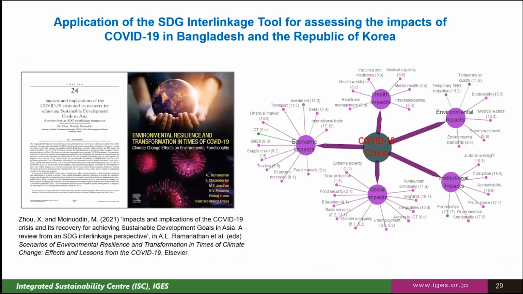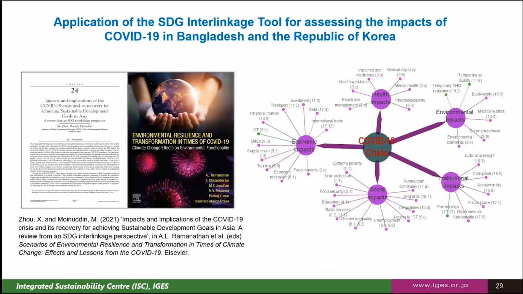A third example is the application of the SDG interlinkage tool for assessing the impacts of COVID-19 in Bangladesh and the Republic of Korea. This work was included as a book chapter in Springer's book on scenarios of environmental resilience and transformation in times of climate change.